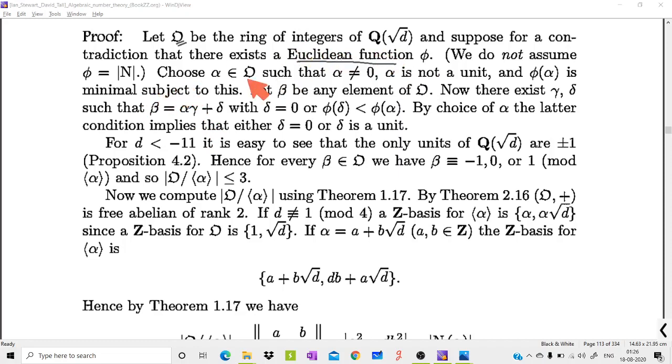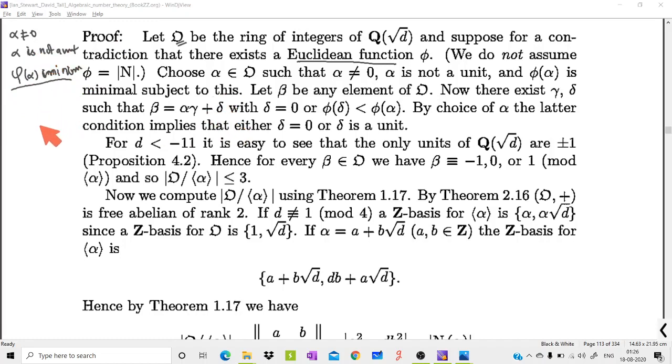If this exists, choose alpha not equal to 0, a non-zero element of O that is not a unit, and phi of alpha is minimum among all the non-zero elements of O. So this is the choice of this alpha.